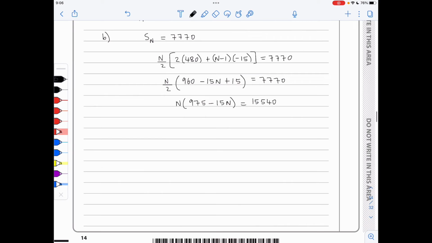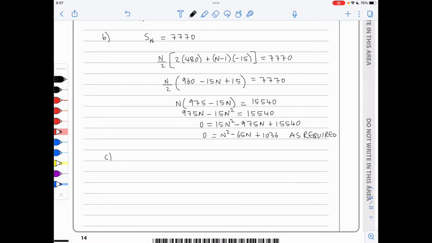So further expansion will give me 975N minus 15N squared is 15,540. I could collect everything on one side, so 0 is 15N squared minus 975N plus 15,540. If I divide throughout by 15, I get N squared minus 65N plus 1,036 as required. That was the first part.